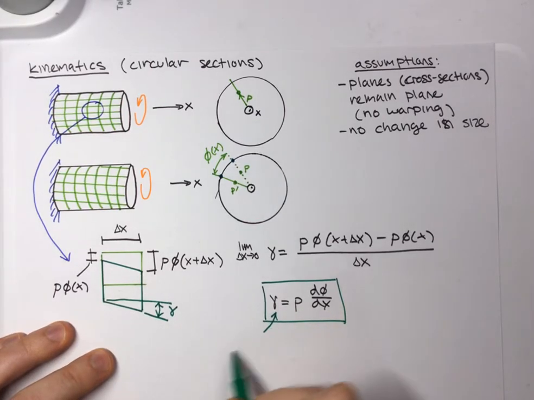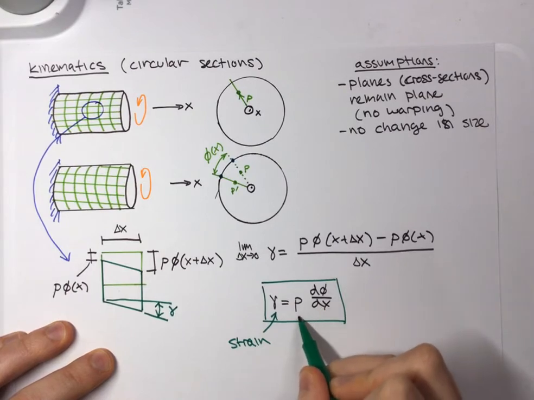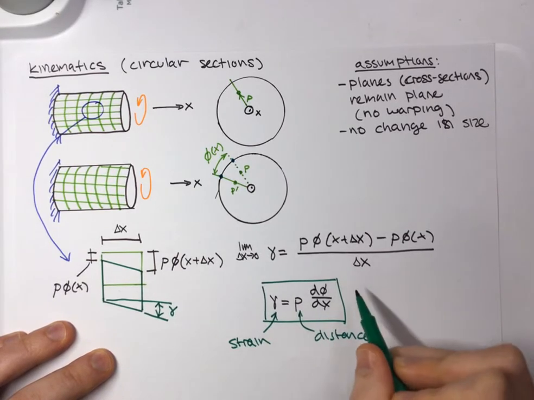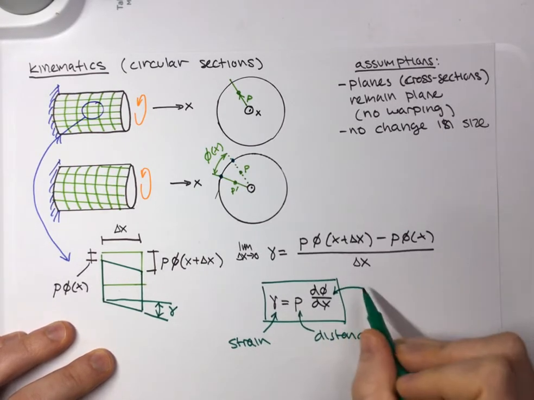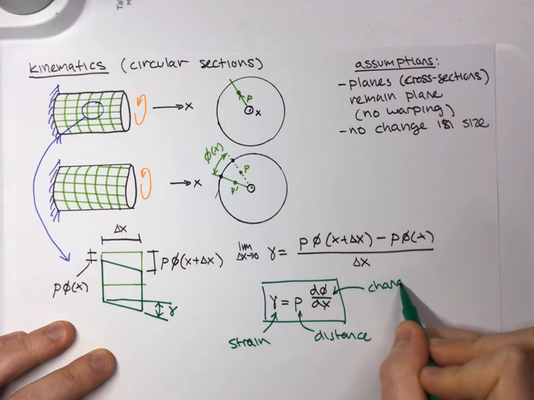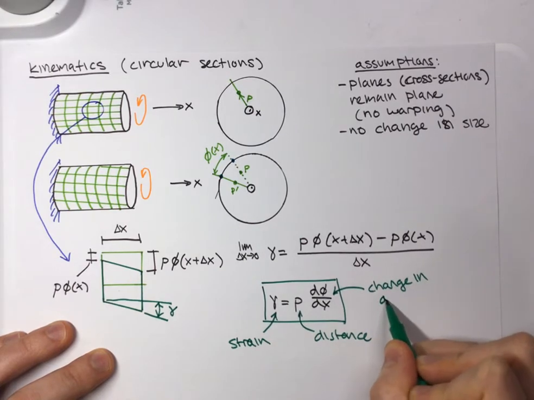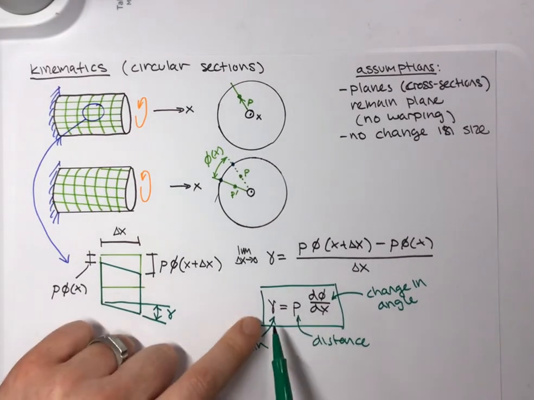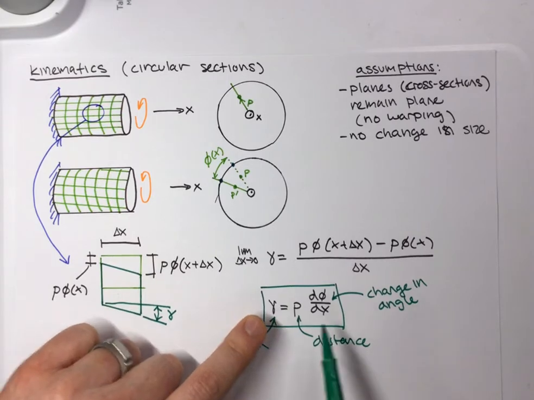We have a strain here. We have a distance from our central axis, rho. And we have some change in the angle. And so if you think about the units on this, strain, remember, is unitless.